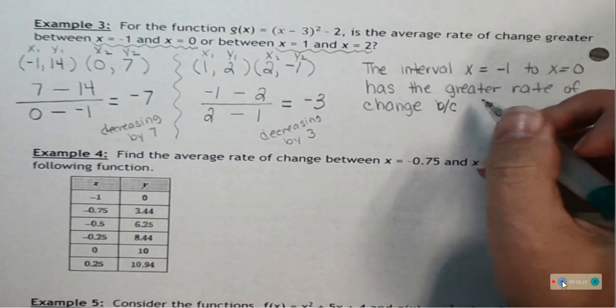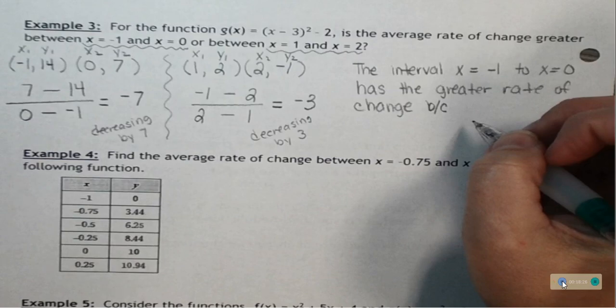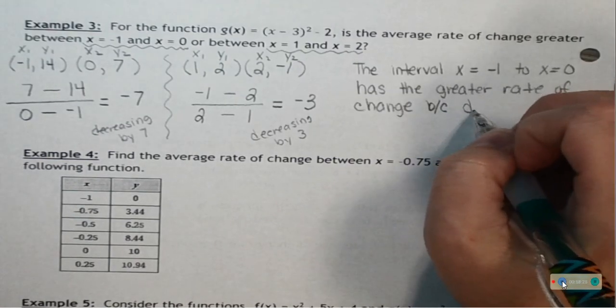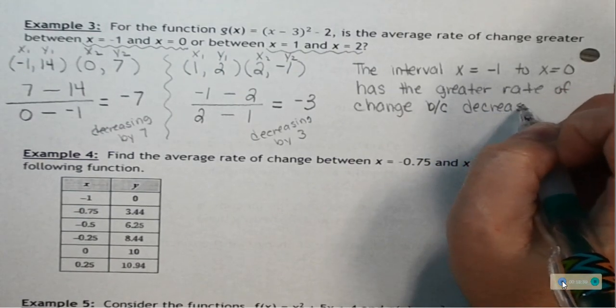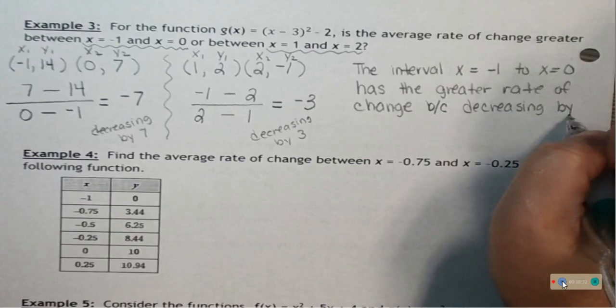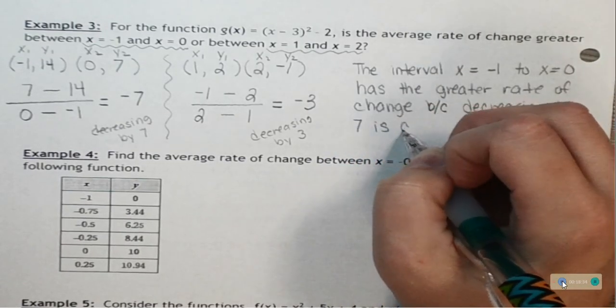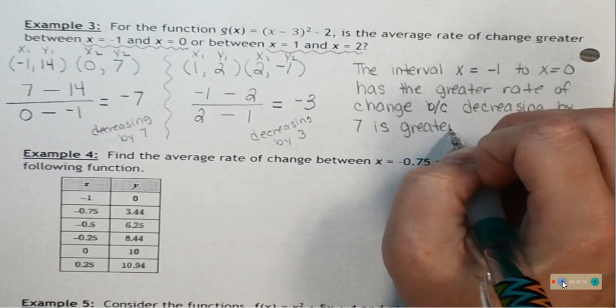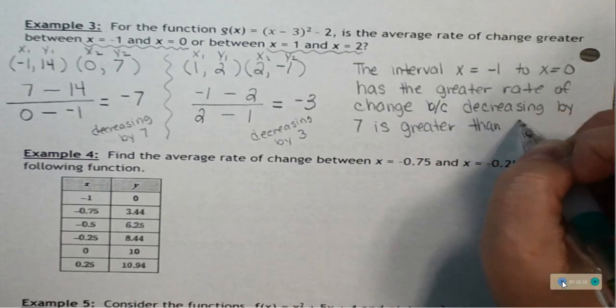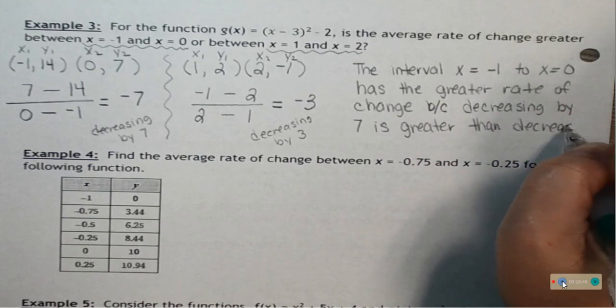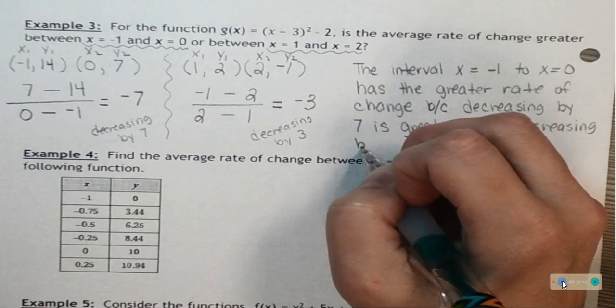B/C, what's that mean? Because decreasing by 7 is greater than decreasing by 3.